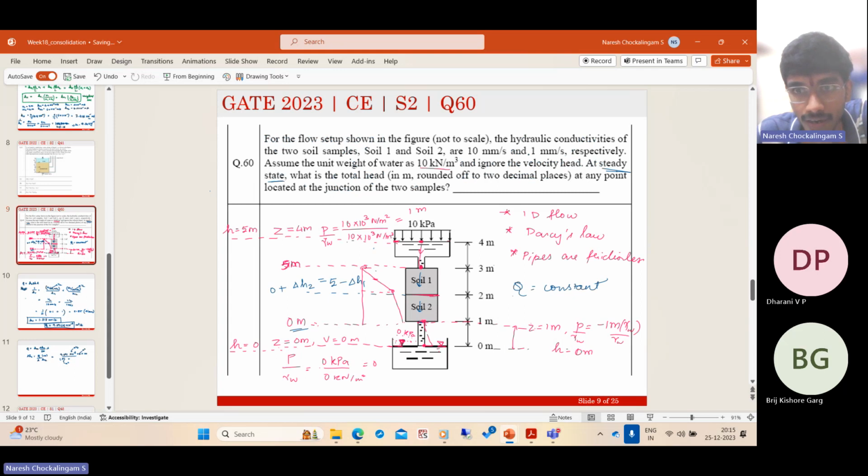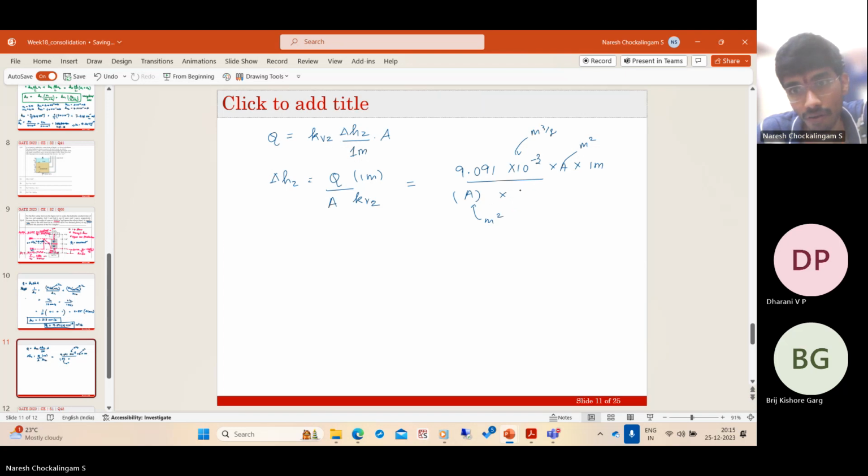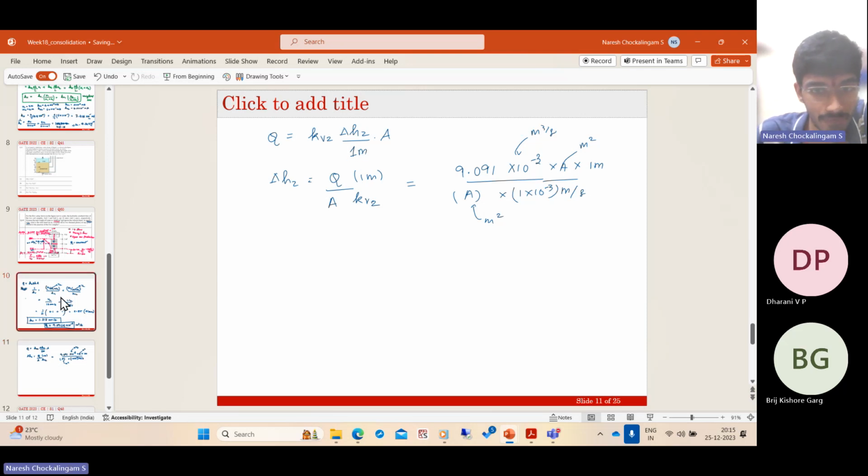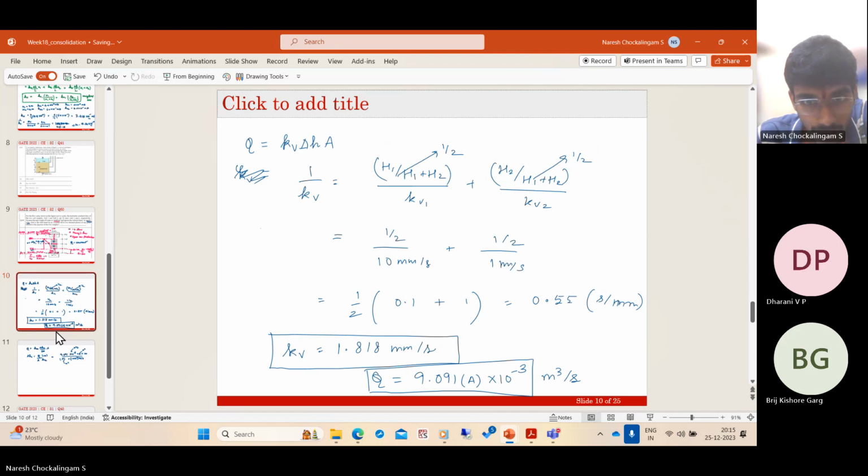V2 is 1 mm per second. So I have V2 is 1 into 10 power minus 3, converted from mm per second to meters per second. So here it is meter cube. Let us check some. So this is fine.